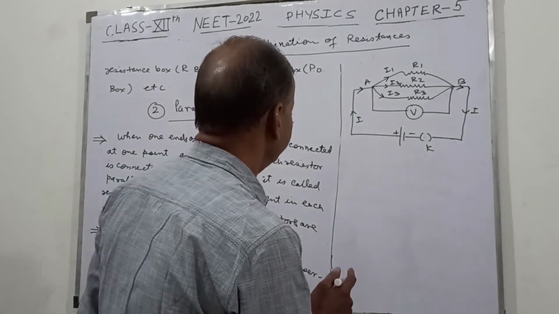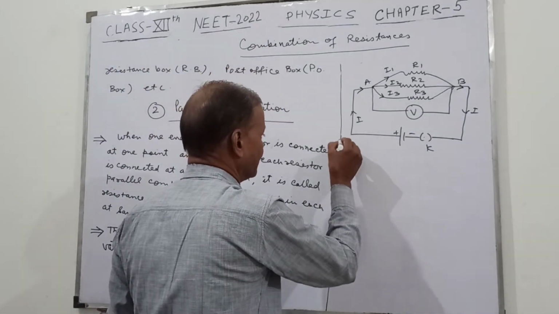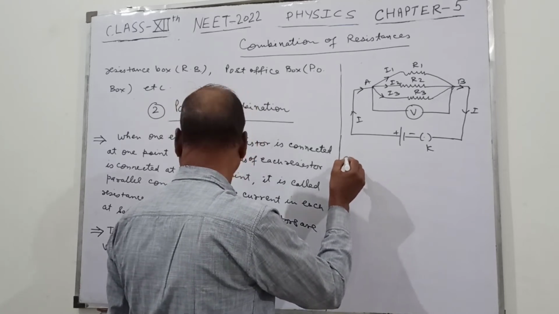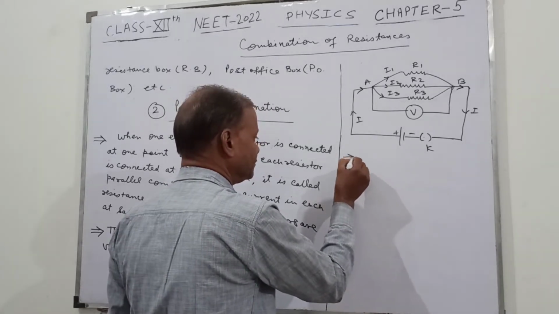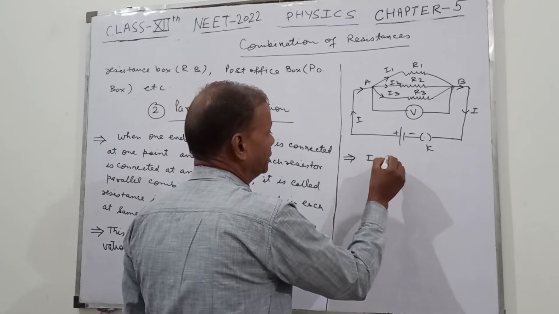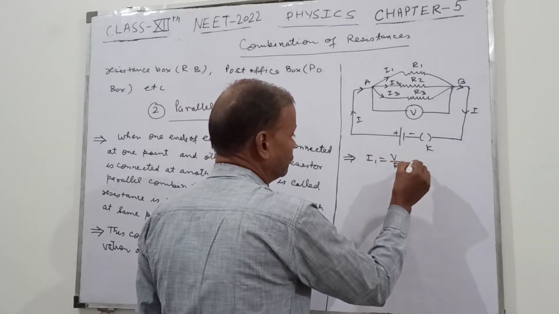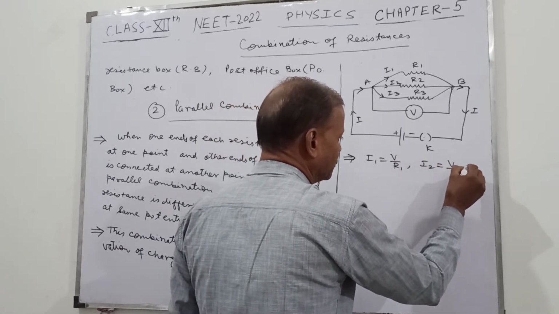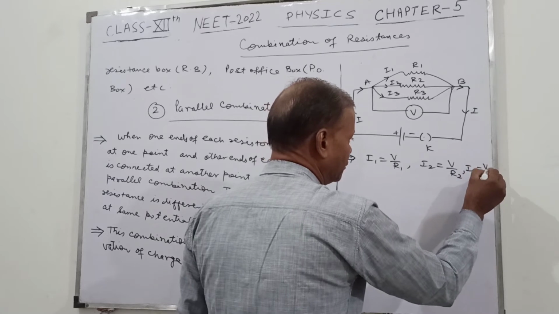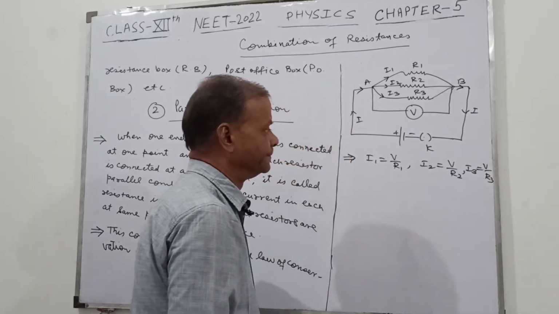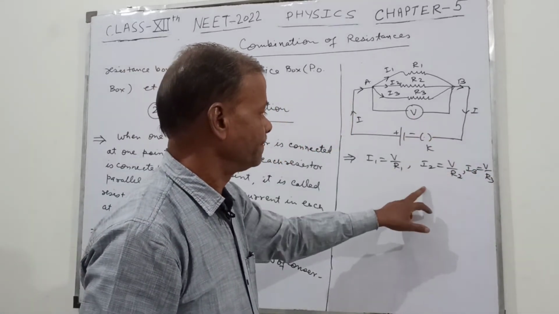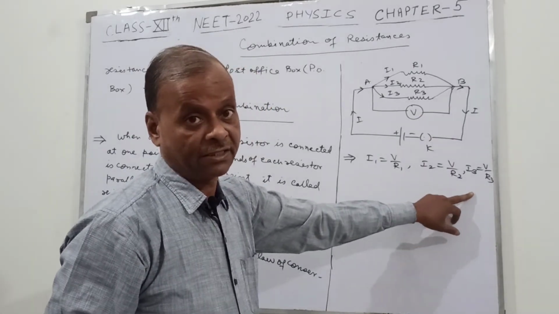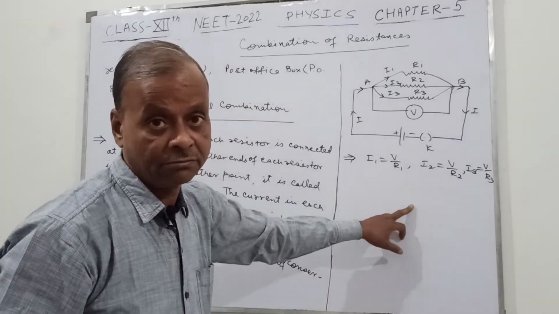So now you can see here I1 equal to V upon R1, I2 equal to V upon R2 and I3 equal to V upon R3. Potential difference is the same, resistances are different, and you can see from this that higher the resistance, lower the value of the current.